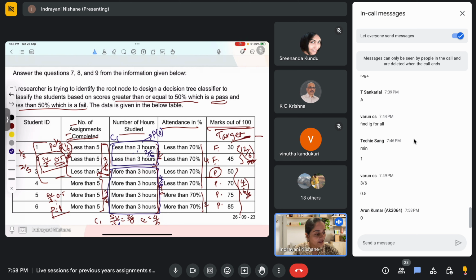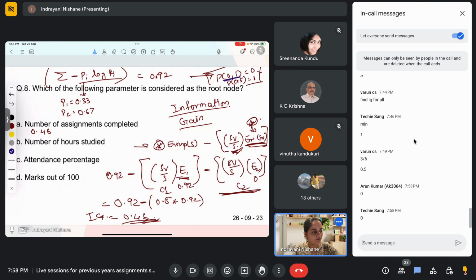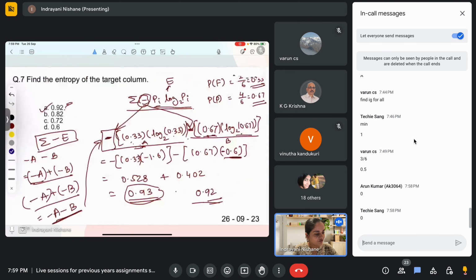So if probability is 0, what will be the entropy value? Yeah, we had noted here for p value 0 and 1, what is the entropy value? 0. Yeah, so this term will be 0 for the first class.